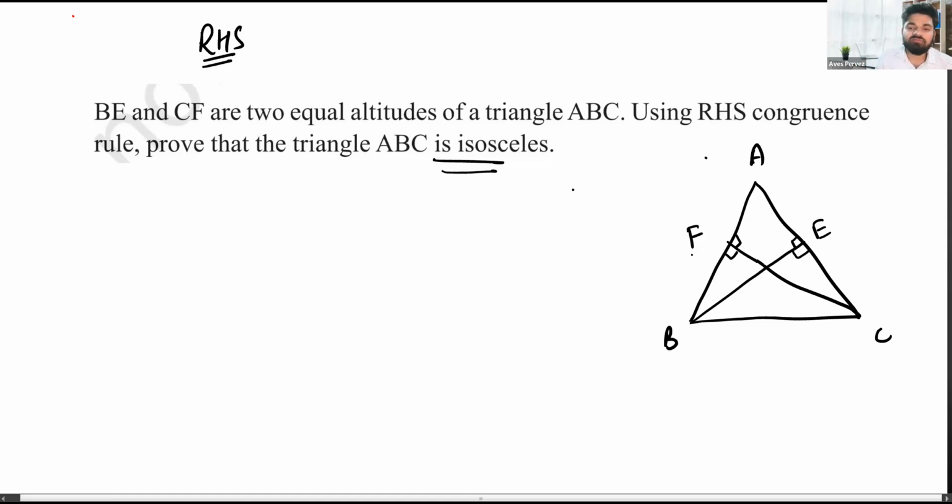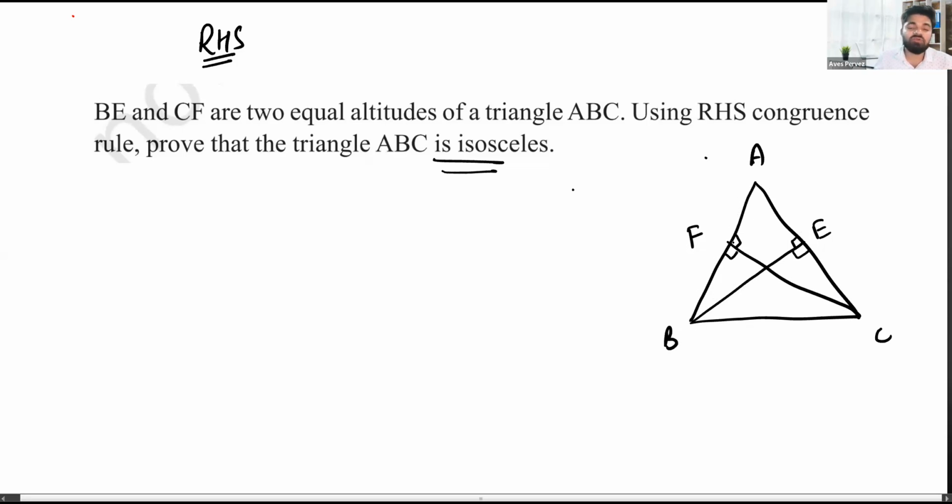Okay. So for example, if you have proved that this angle is equal to this angle, then you will be able to solve this question. So first, you can prove these two triangles congruent if this side is equal to this side, as given.